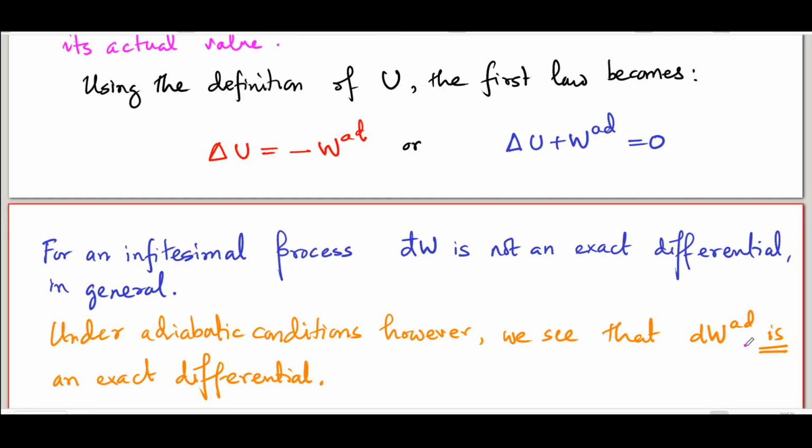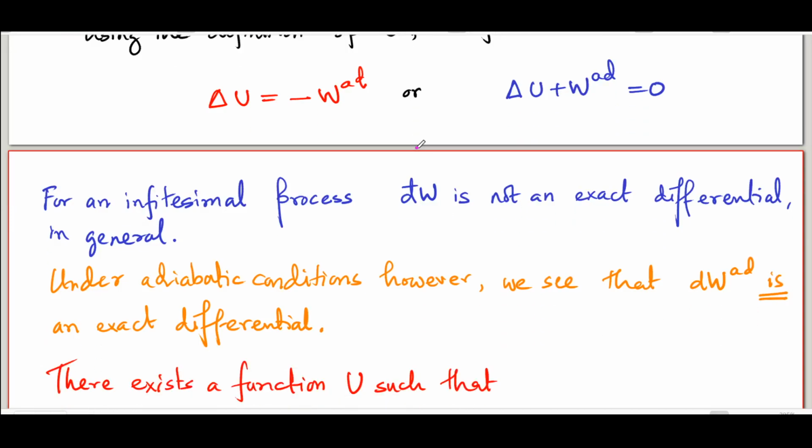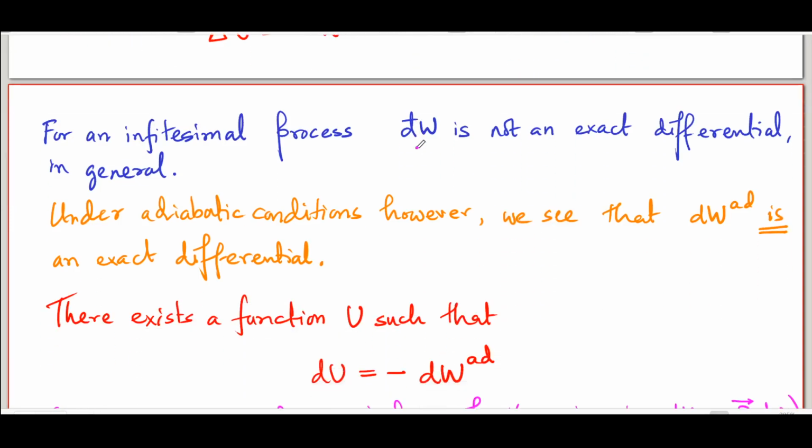So what we wrote here in terms of finite transformations, in the language of infinitesimal changes, is essentially nothing but the statement that there is a function U which makes dW adiabatic an exact differential, that is a differential of a function, and you define U by saying dU is minus dW adiabatic.